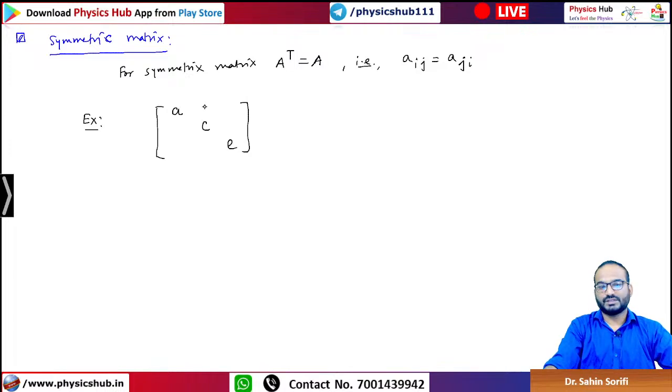Now consider this element, let's say B, it is A12, so it is equal to A21, so B will come here. If you consider C, what is this? A13, so A31 will be same. Let's say this is D, what is this element? 2 3, so 3 2 means this element will be same.